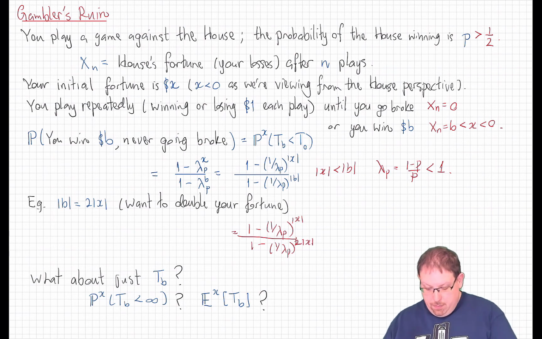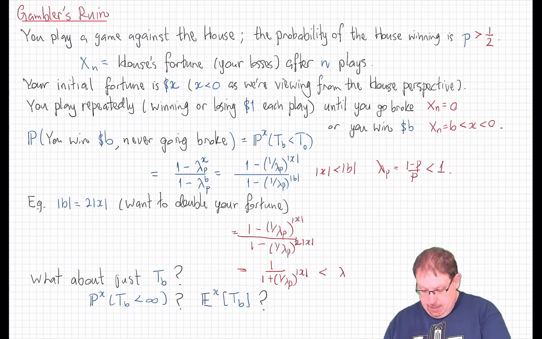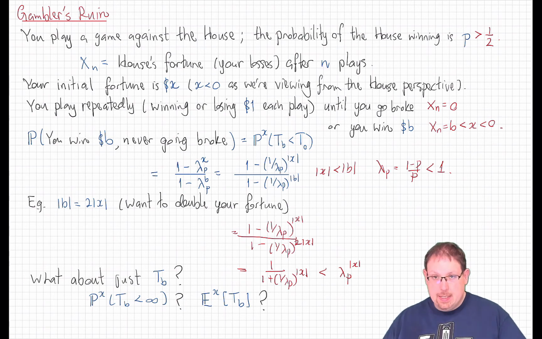And the denominator factorizes, and so this is exactly equal to 1 over 1 plus the reciprocal of lambda p to the absolute value of x, which is actually slightly less than lambda p to the absolute value of x. Since lambda p is less than 1, this is an exponentially small number. It goes to 0 exponentially fast as x grows.